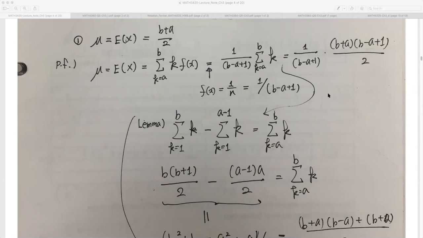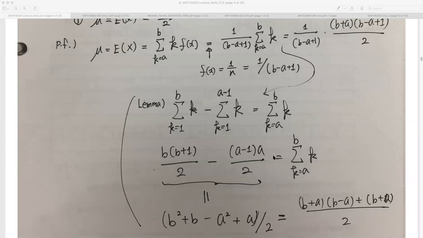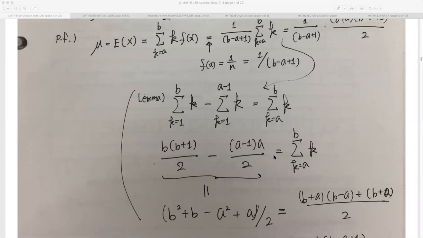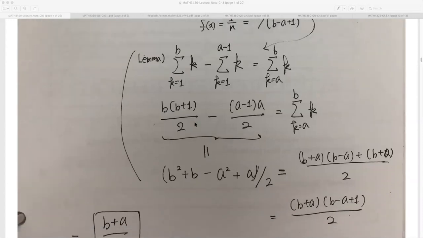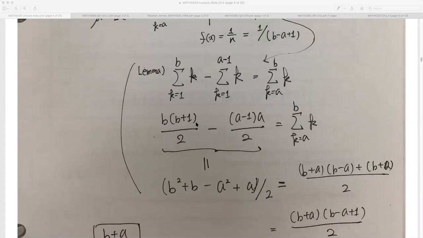That course focuses on the more advanced mathematical background of statistics and probability, so you'll learn more about the proofs and theorems there. This course is just an introduction to statistics and probability, so I'm not going to focus on the proofs. Anyway, let me explain this one briefly.